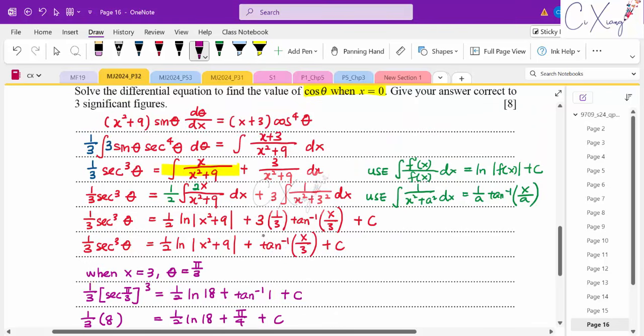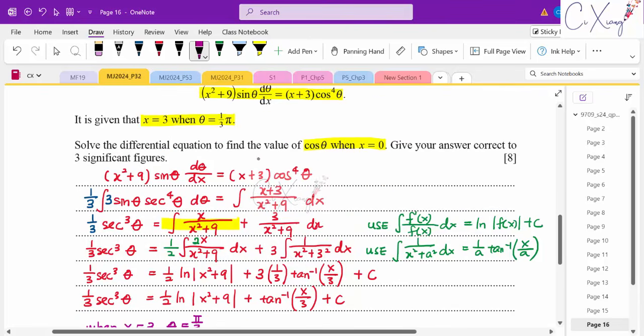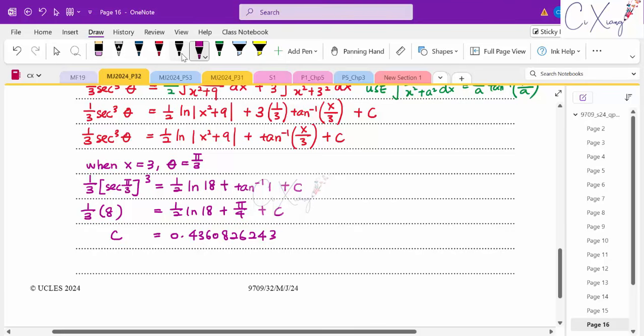Then after that, we go back to the final part of the question. They want us to find the value of cos theta when x equals 0. So let us substitute it into my final answer here. When x equals 0, I'm having 1 over 3 cos power 3 theta.